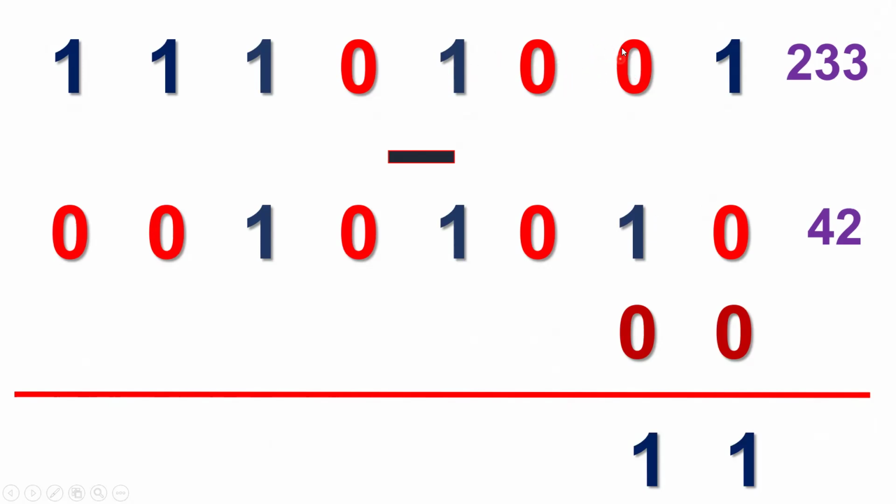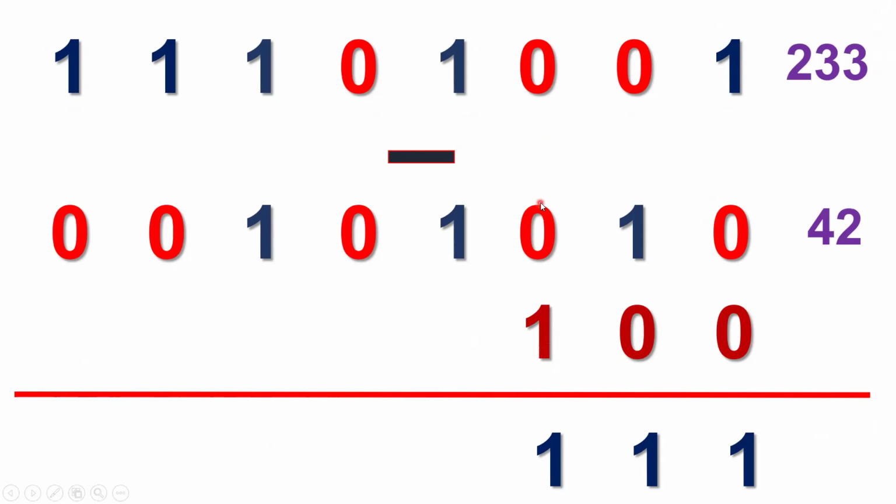But when this 0 borrows 1, it becomes 10 in binary, which is 2 in decimal. So 2 minus 1, we said difference is 1. And now the borrow out of this subtraction at this bit position is 1. So we put in borrow in here.